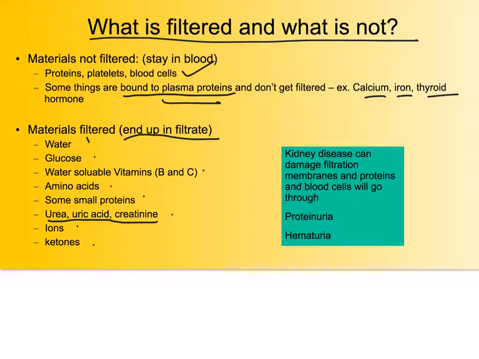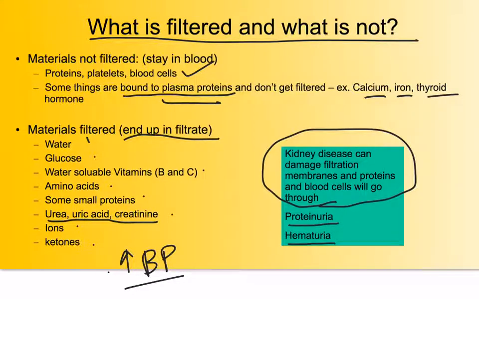Now, if something is wrong with that membrane, if that glomerular membrane is damaged, things will go through that aren't supposed to go through. Maybe the blood pressure is too high, or someone has a kidney disease, and they can end up with proteinuria or hematuria, which is protein in your urine or blood in your urine.